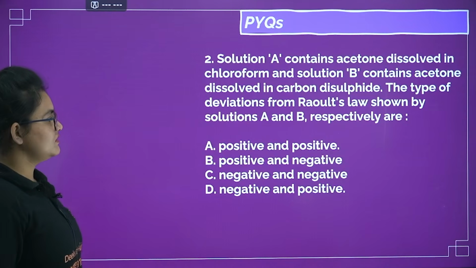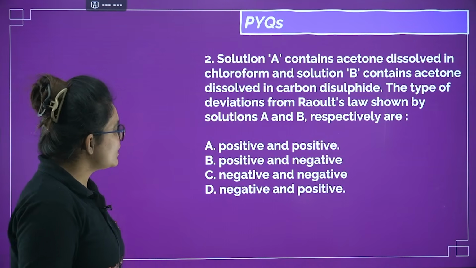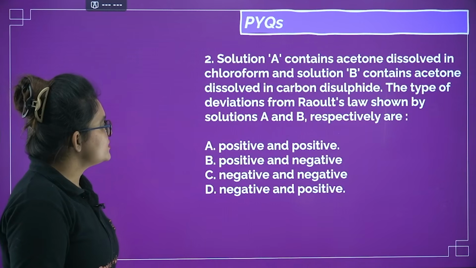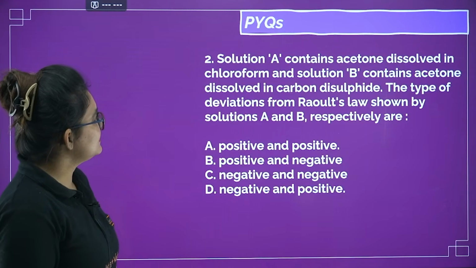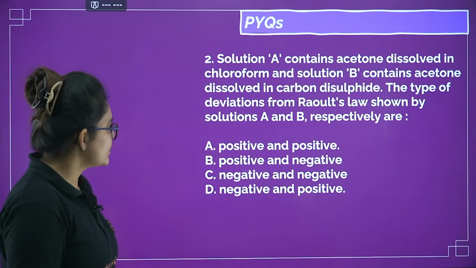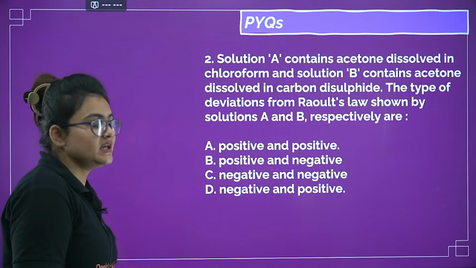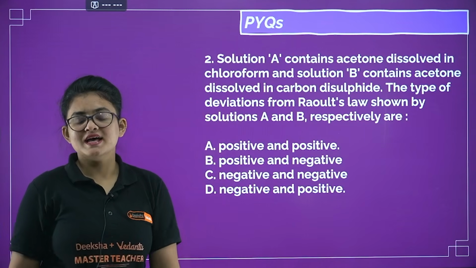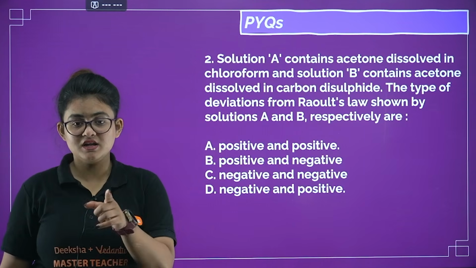One more question, a previous year question, you can see. Solution A contains acetone dissolved in chloroform, and solution B contains acetone dissolved in carbon disulfide. What type of deviation from Raoult's law is shown by solutions A and B? This example we have just done. Chloroform and acetone, what type of interaction? Negative deviation.